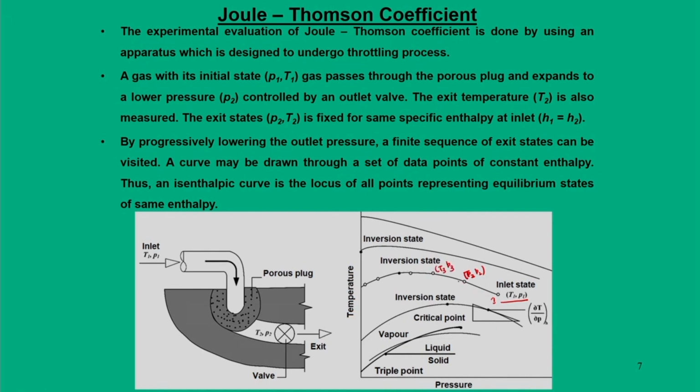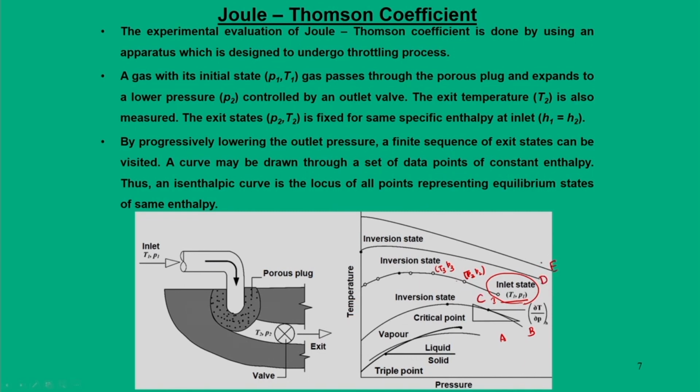We can generate these data points on this pressure-temperature curve and keep on doing this. This is for one particular inlet state. Now we can change the inlet state to another value, and a different set of curves can be formed, for inlet states A, B, C, D, E and so on.